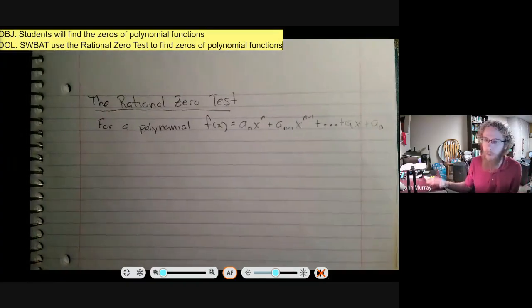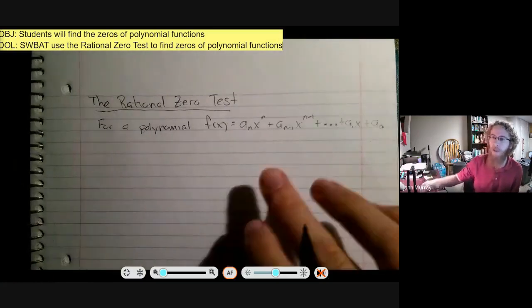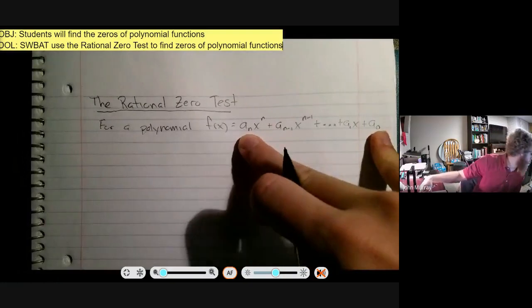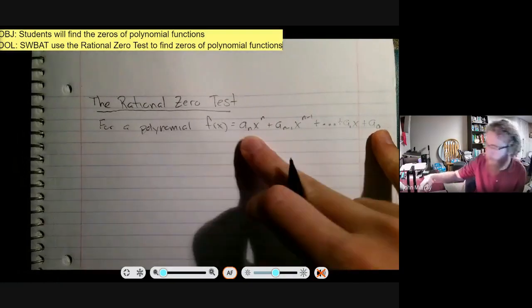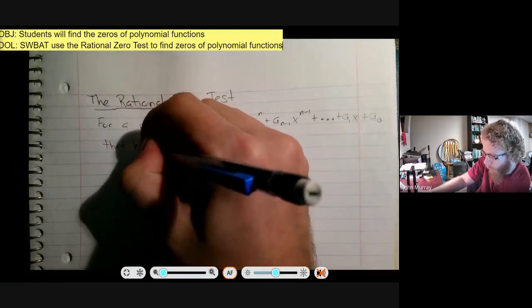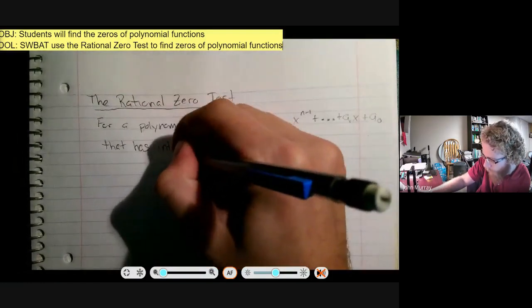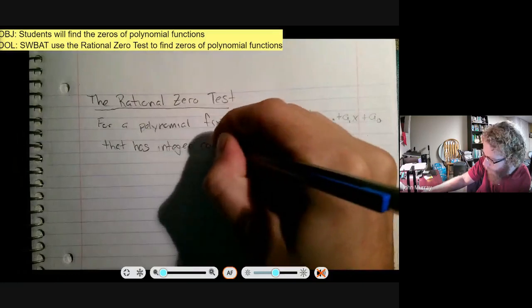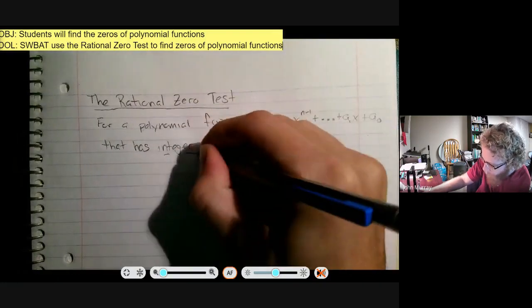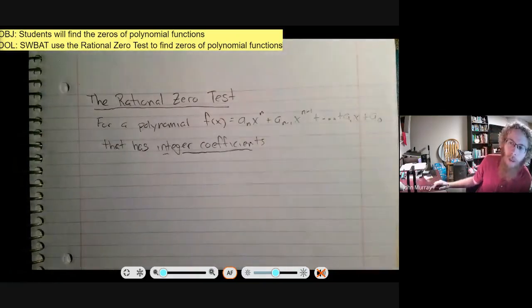Okay, so we have some polynomial. It could be however long. So again, that's just saying here, this is our starting point. This is our constant, our ending point. And we have a bit of a restriction here.